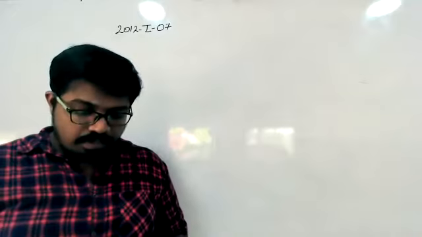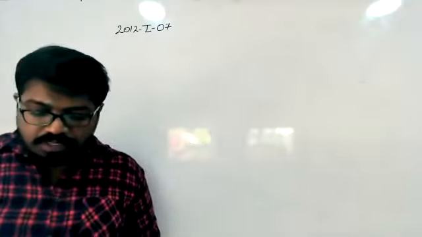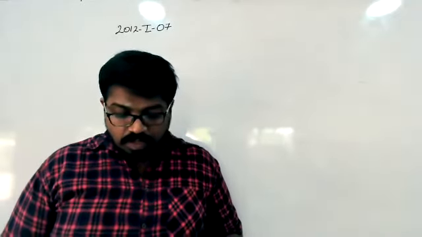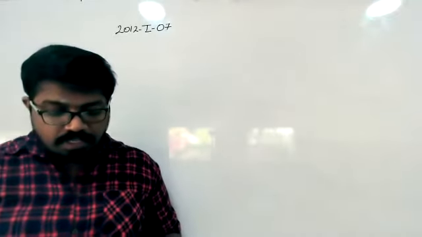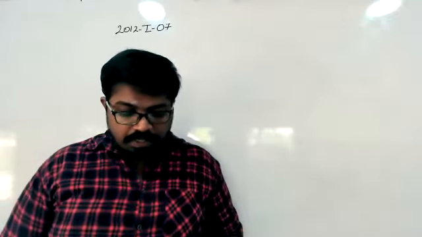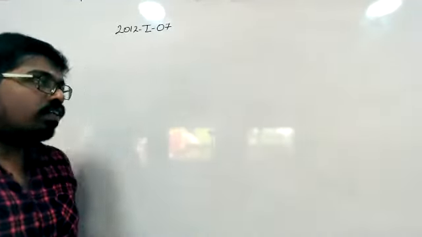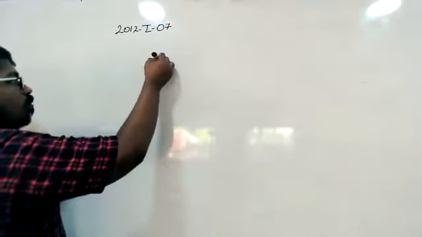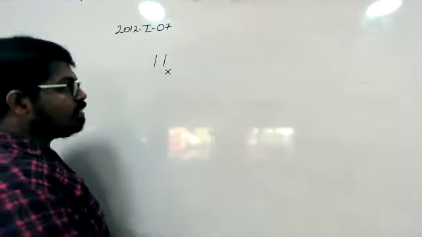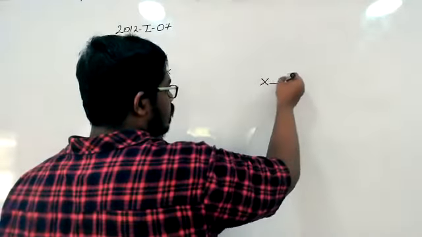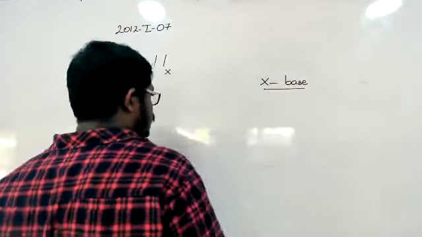Consider the number 1 base x, where x is the base of the number system. Which of the following number system or systems can the number 1 base x belong to? So they gave you a number which is 1 base x, where x denotes the base.